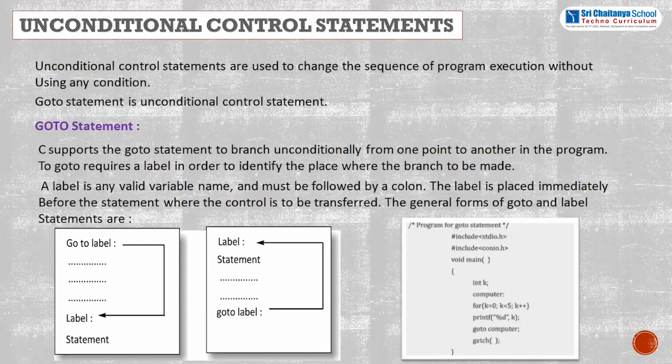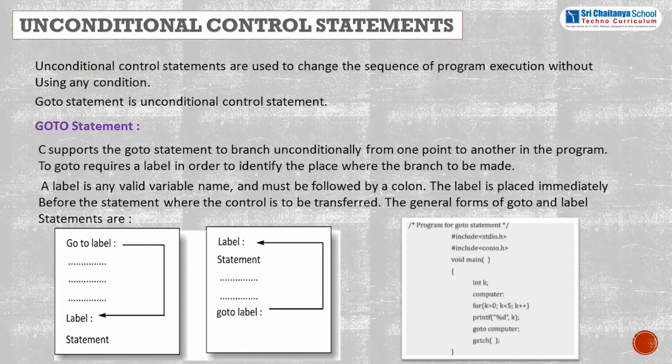Are you able to see it, children? Goto label, and then we have the label and the statement. The goto label is specified in the main program where we need to use a control statement, that is, where we are going to change the order of execution of the program.